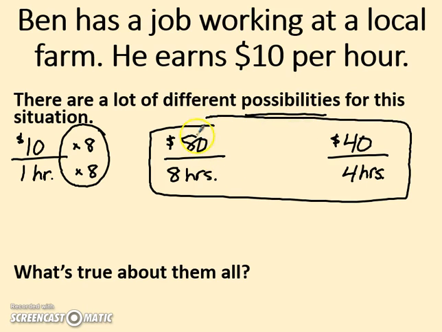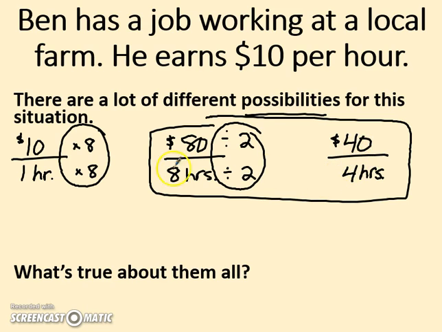If you look at these two examples, we know that they're proportional to each other because they both reduce to 10 over 1. But they also have a common factor between them. If I reduce by 2, 80 divided by 2 is 40, and 8 divided by 2 is 4, I can prove that they're proportional to each other by reducing by a common factor. So what's true about every possibility?